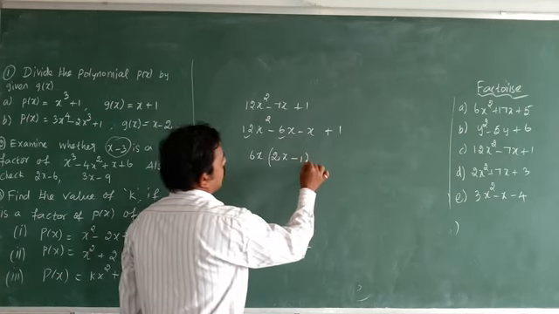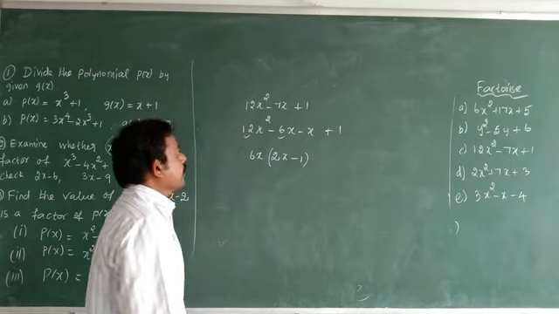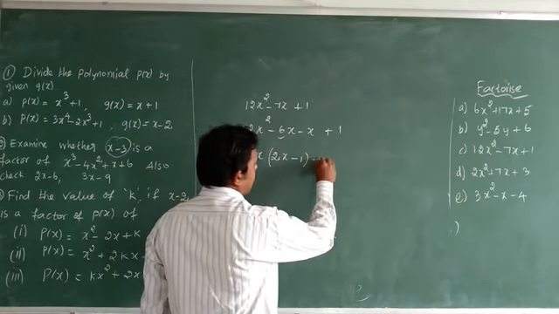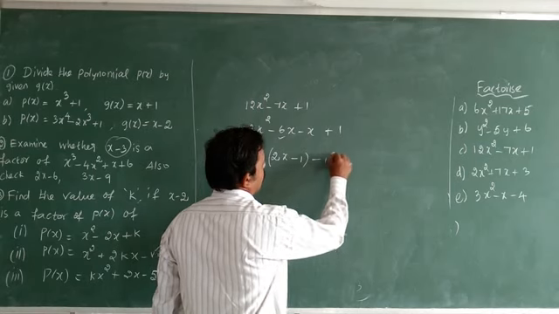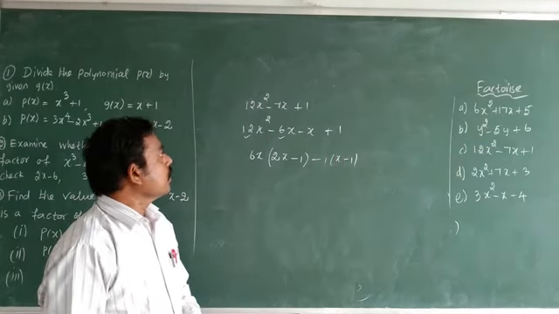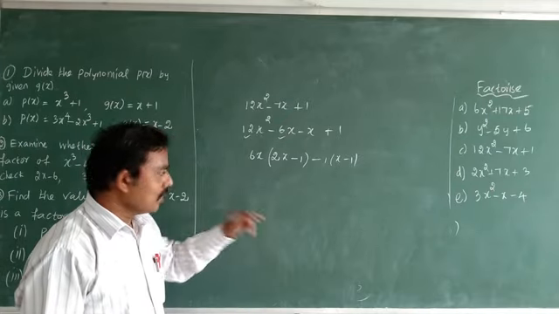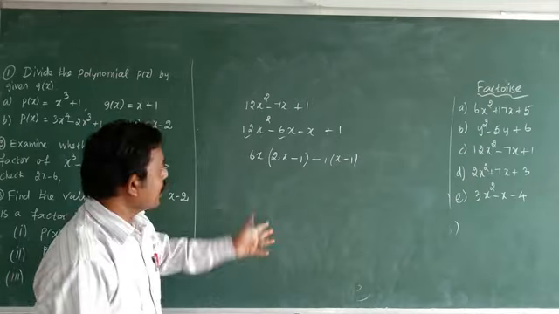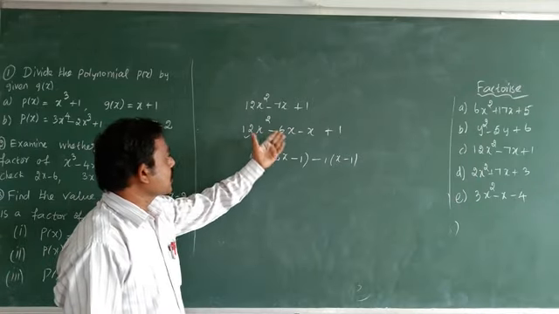Right. Here what can I write? Minus x minus, suppose you write 1 x minus. Think about it: here 2x minus 1, here x minus 1. So that is wrong. So that is a multiple of 6 and 1.